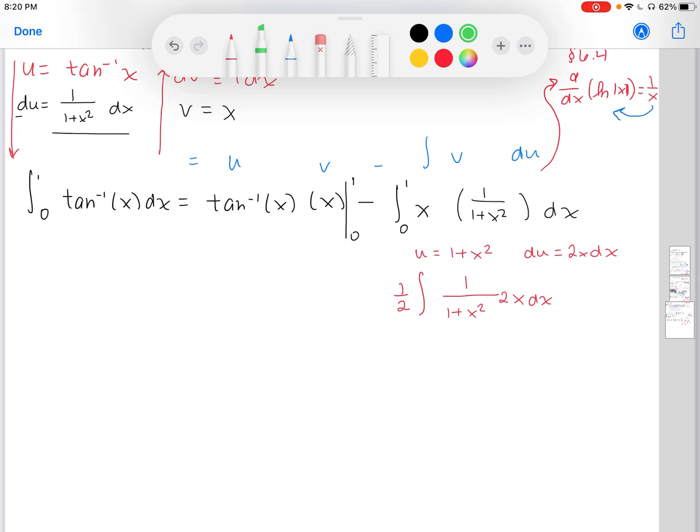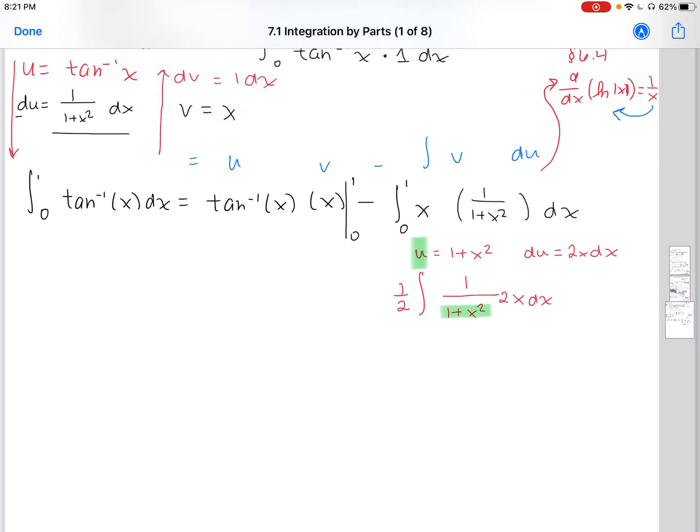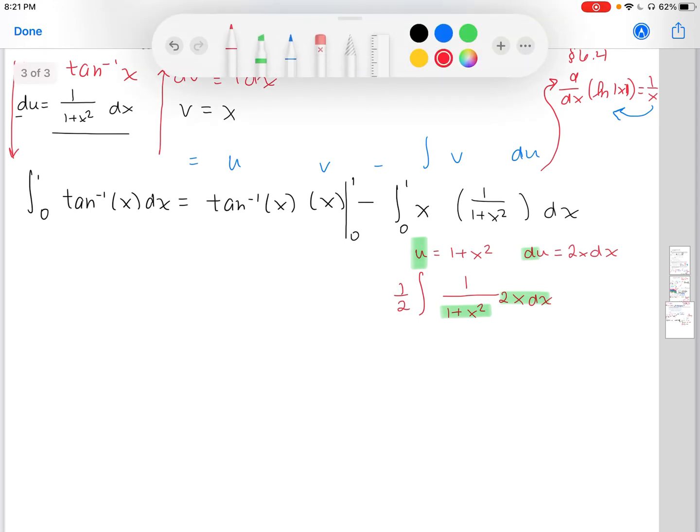So we said our u is 1 plus x squared, and our du is 2x dx. So we can replace it so that we have 1/2 the integral of 1 over u du, right? And we said the integral of that is ln of the absolute value. Don't forget the 1/2.